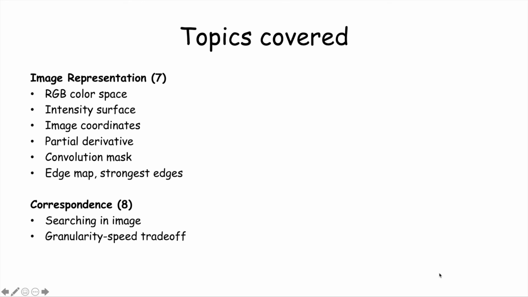And then we looked at RGB color space representation, intensity surface, that relief map treatment of an image in grayscale, and how you use a derivative and a convolution mask to encode the derivative, the partial derivative, in order to get so-called terrain features or the hilliness of the image as a way of describing the image's content. We looked at this partial derivative.